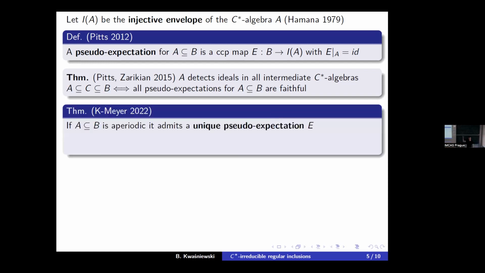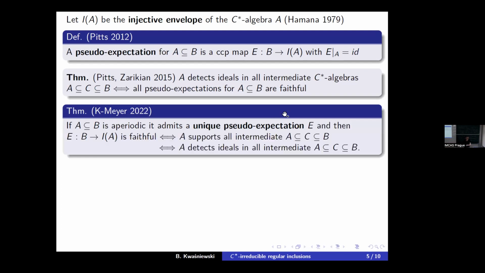So this is especially nice when you compose this with what we proved with Ralf. We proved that if our inclusion is aperiodic, then it admits a unique pseudo-expectation. So in order to have this detection of ideals, you need to check only faithfulness of this one.